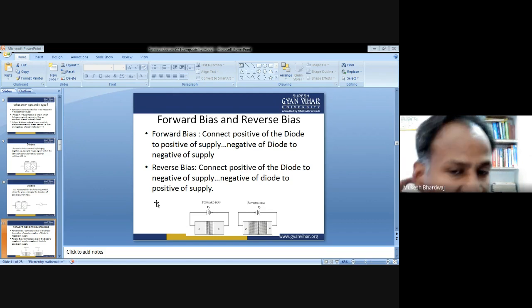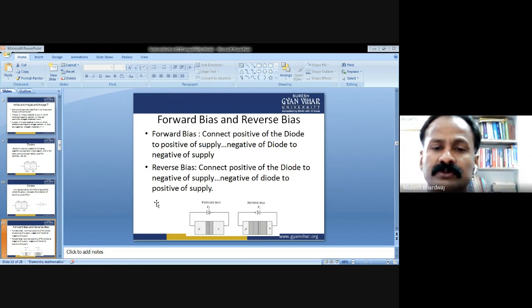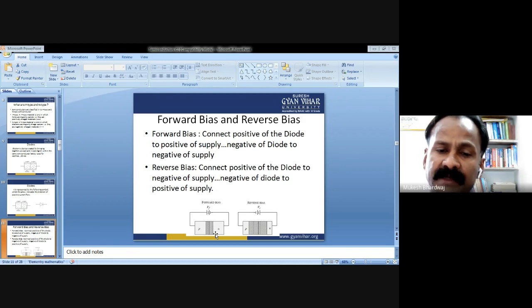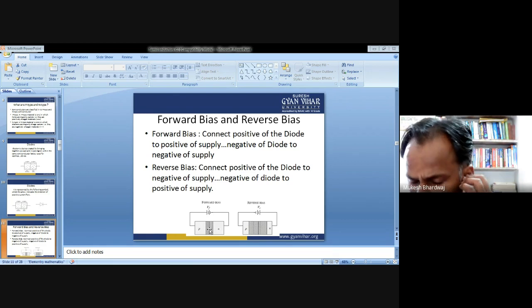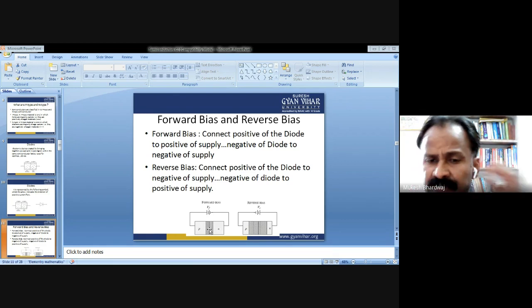By observing the diagram, you also see that in forward bias the shaded portion is smaller, while in reverse bias the shaded portion is wider. The shaded portion is known as the depletion region, which means there is a shortage of holes and electrons in this particular region.